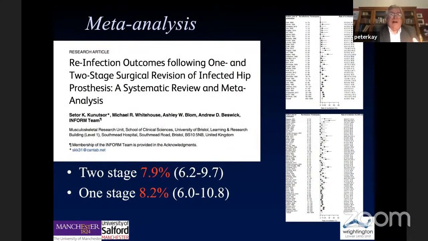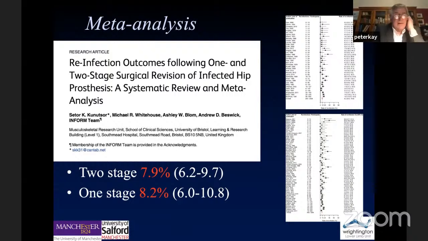Now, there's been lots of meta-analyses about this, and Alasdair referred to some of the groups that have looked at these from across the world, some international studies that have brought it all together. And there's really very little difference to choose between the results of one and two-stage revision when you really look carefully. And that's interesting, because people always assume that doing two operations must be better.